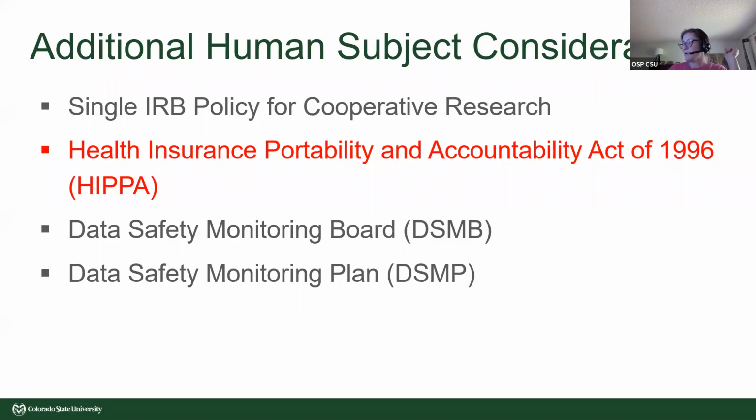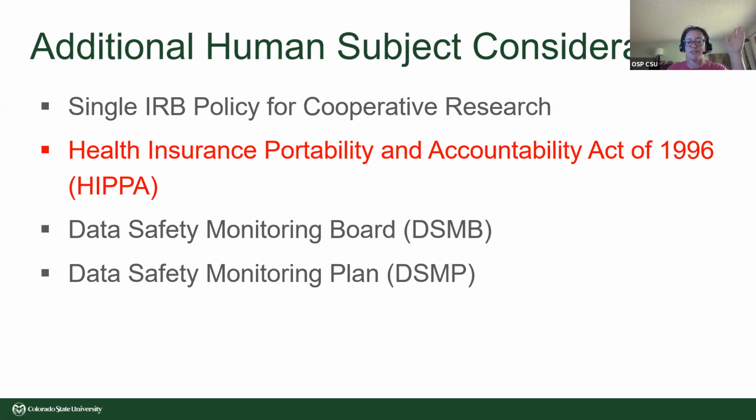HIPAA, I don't remember why I put this in red, so I apologize for that. If you've gone to the doctor anytime since the mid-90s, you've signed some kind of HIPAA compliance, right? This was actually signed by President Bill Clinton in 1996. What is the importance for human subjects research here?